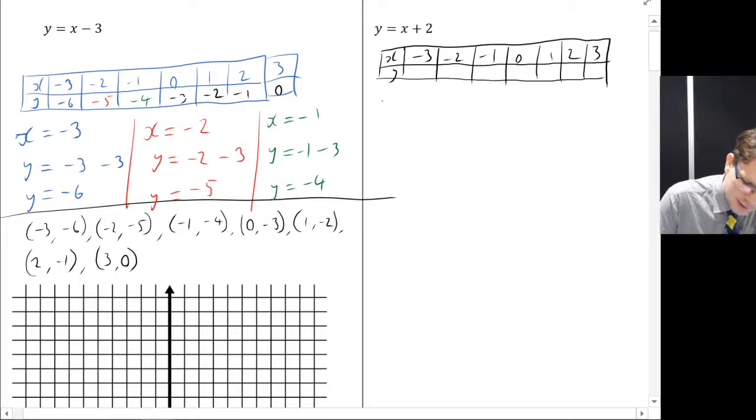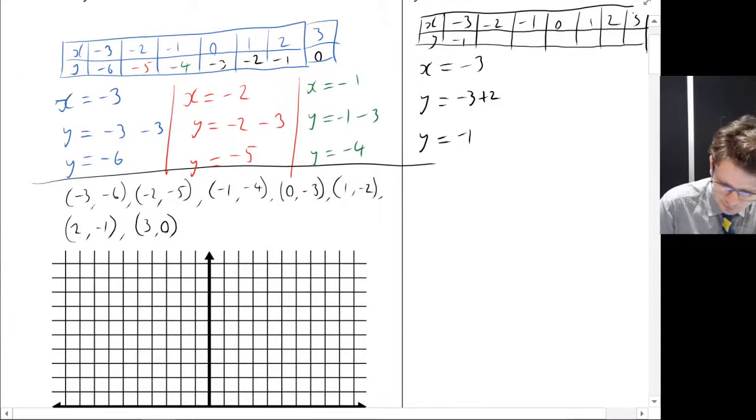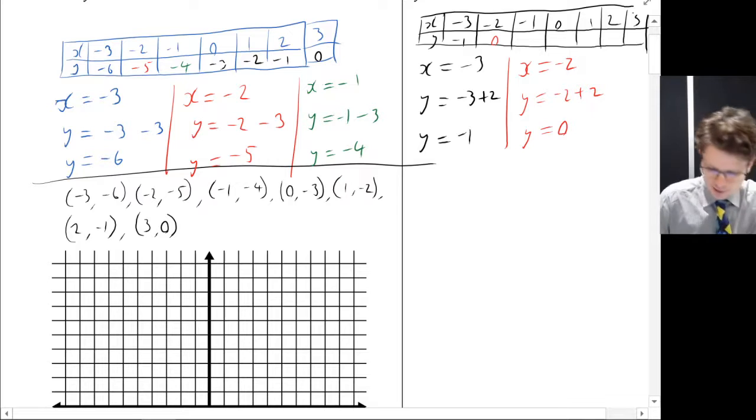Alrighty, well your equation's a little bit different to mine. It's x plus 2. So when x is equal to minus 3, y is equal to minus 3 plus 2, which is minus 1. So minus 1 is the first value. When x is equal to minus 2, y is equal to minus 2 plus 2, 0. So 0 goes there next.